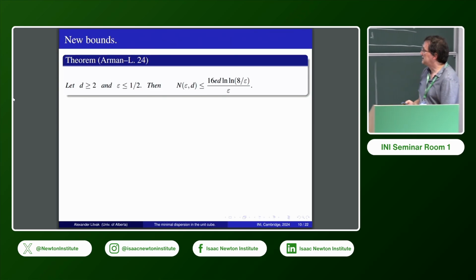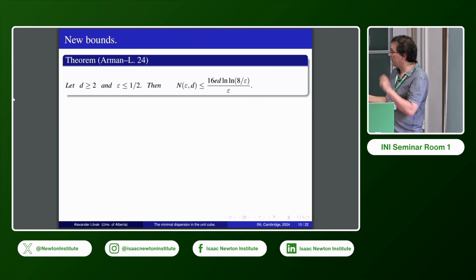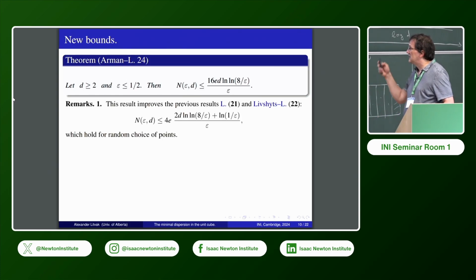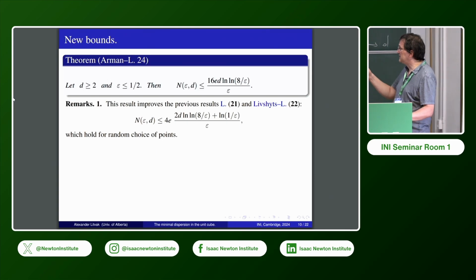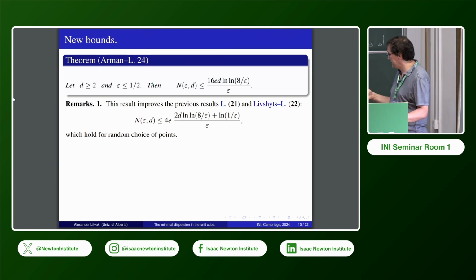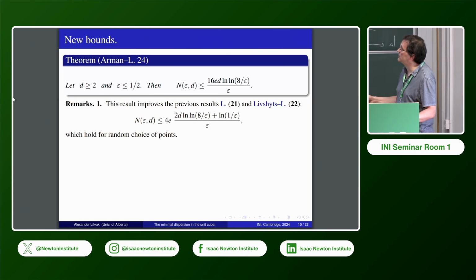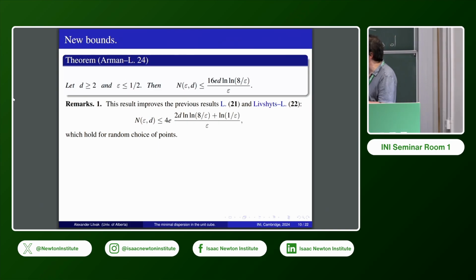And a few remarks about this bound. First, I say that it's based on at least two of my papers, one with Arman, second with Galina Lifshitz. With Galina Lifshitz, we use random choice of points, and we got a logarithm here. So the first term was the same, but additionally we have logarithm 1 over epsilon.